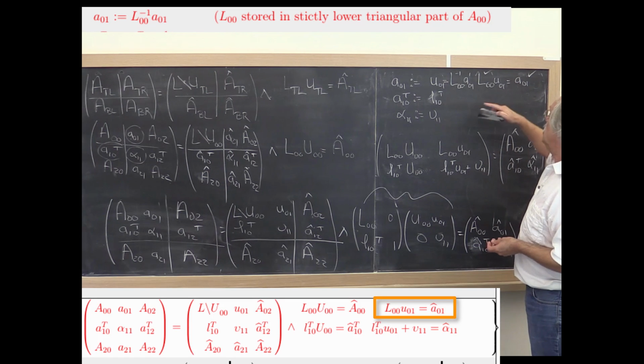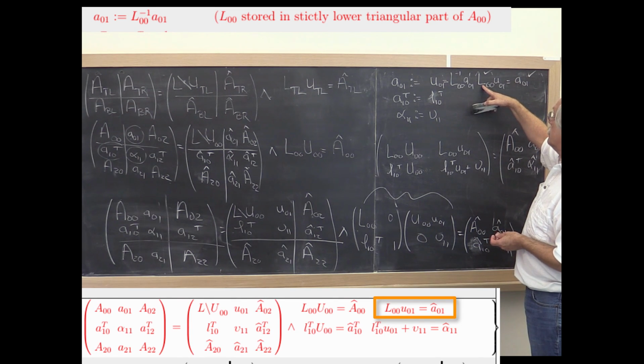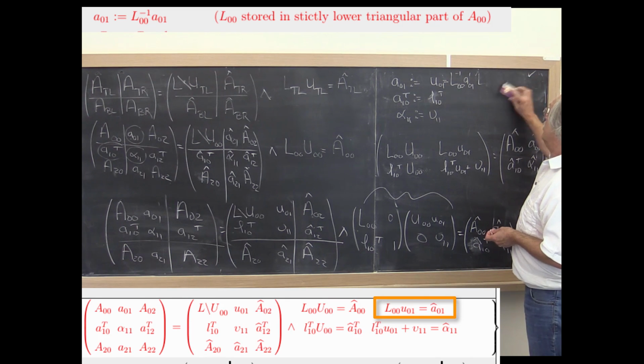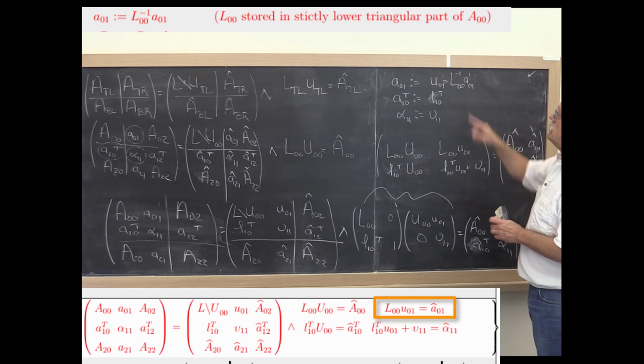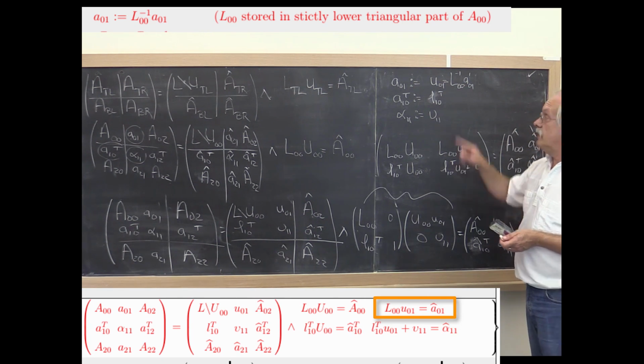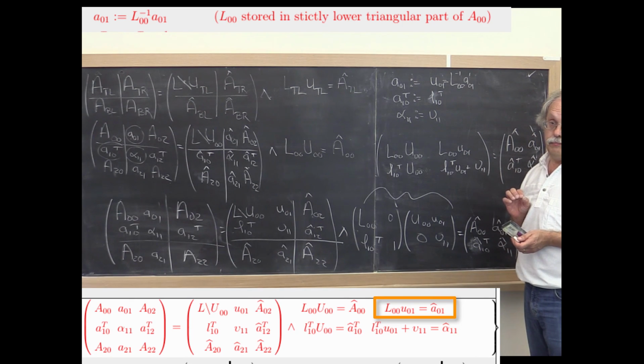Because if we had the inverse of L00, then we could multiply both sides by the inverse, and we would get this right here. This is a statement of what needs to be computed. It's not actually how we would compute it.